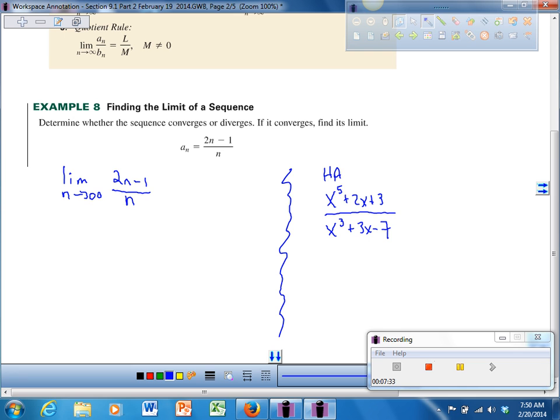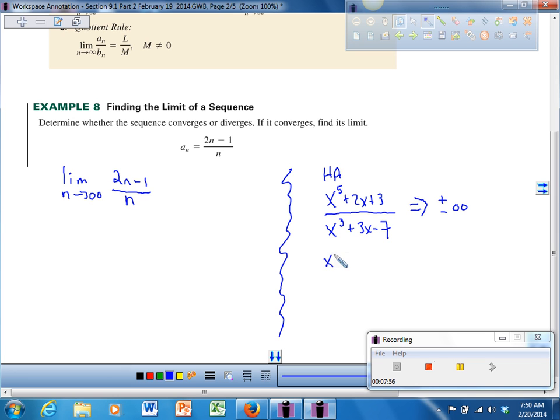Well, what we were finding was the limit. And the limit, when the higher power is on top, goes to plus or minus infinity depending on the signs in front of the highest powers. If that were a negative, then it could go to negative infinity.